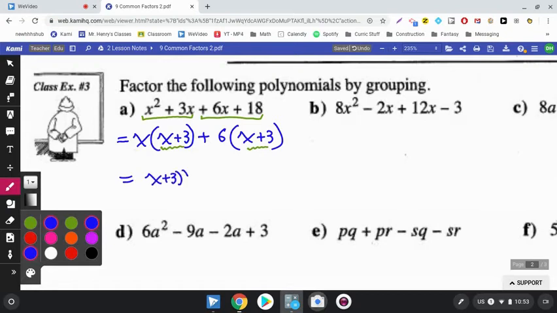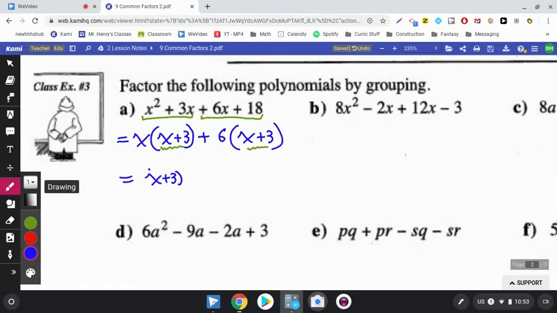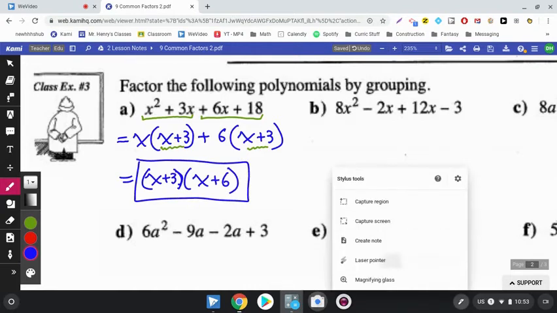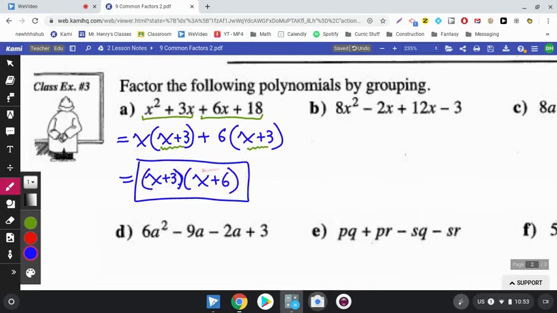And inside, if you cross off the x plus 3, you just have an x. You cross off the x plus 3, you have plus 6. x plus 6. And there you go. My 2 factors. One of the factors is x plus 3. One of the factors is x plus 6. Done. I did it. I factored the whole thing through.